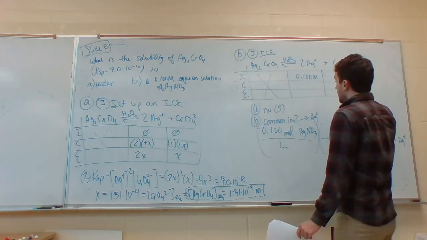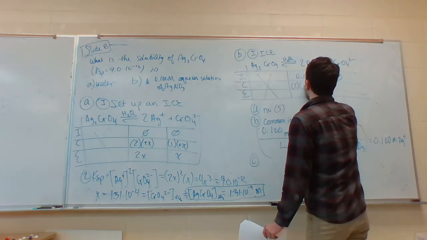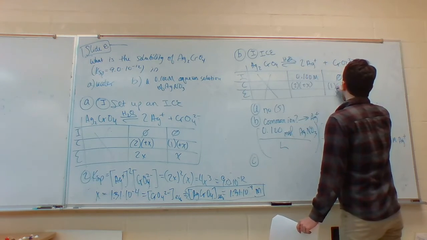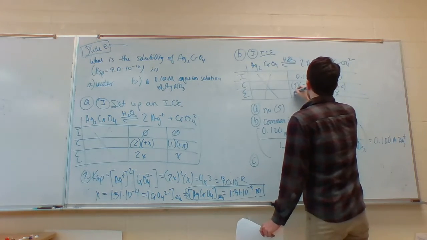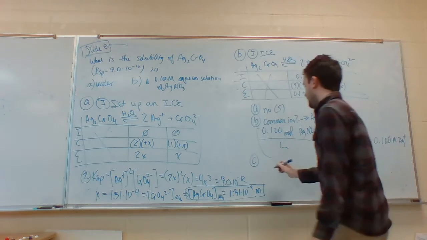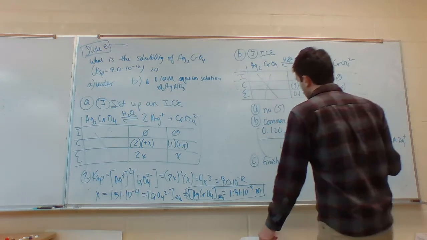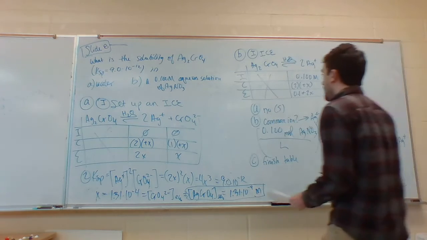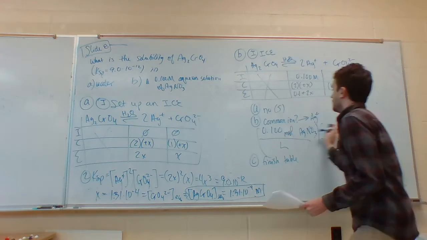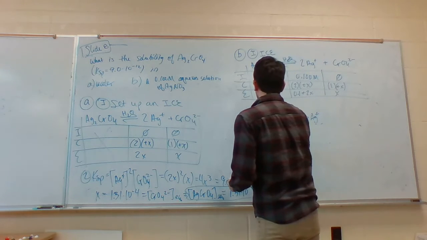Now we fill out the table as always. So using stoichiometry, that's 2 times plus x, 1 times plus x, leaving us with x and 0.1 plus 2x. And then in part 2, and I'm going to erase that part, we know that C was to finish the table.